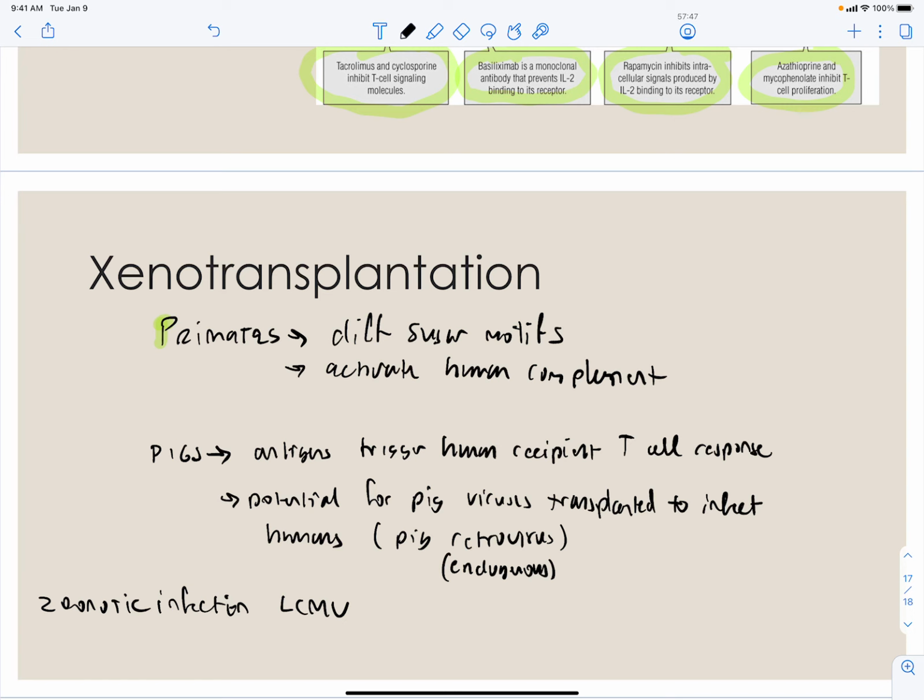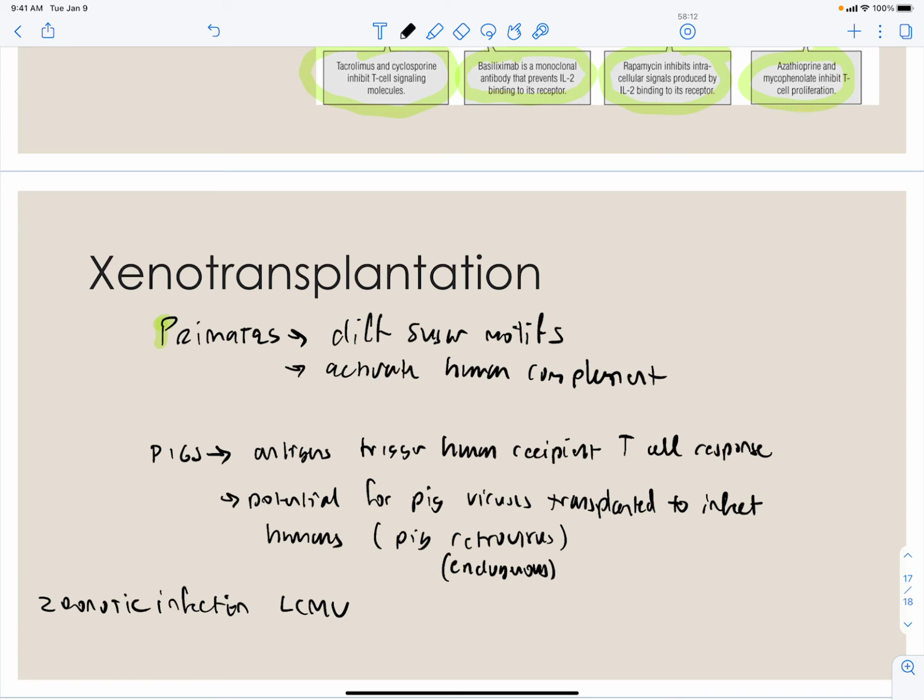And so there were cases where somebody received an organ transplant from a person who was infected with LCMV, and LCMV does not cause a severe infection in humans. However, when you transplant it into an immune compromised transplant recipient, LCMV causes meningitis, and some of those transplanted patients died.